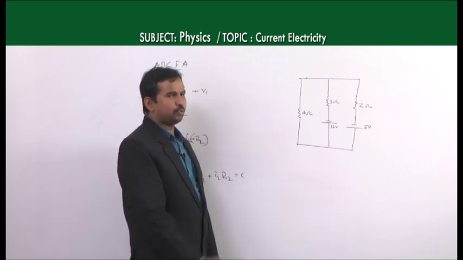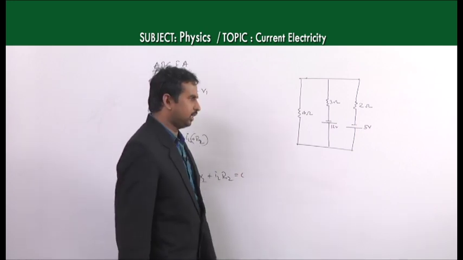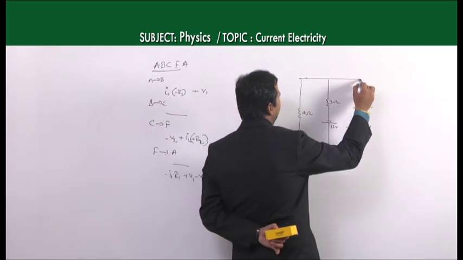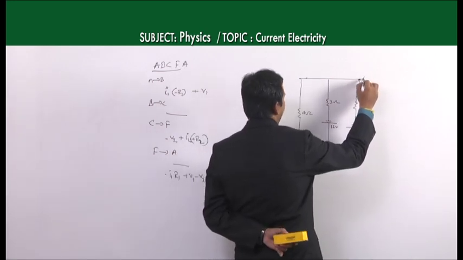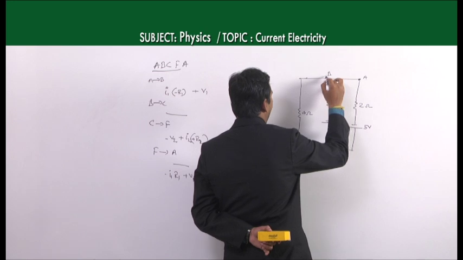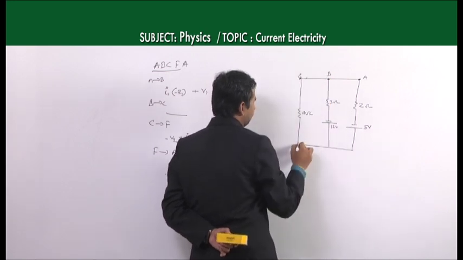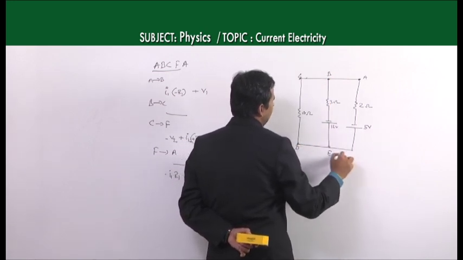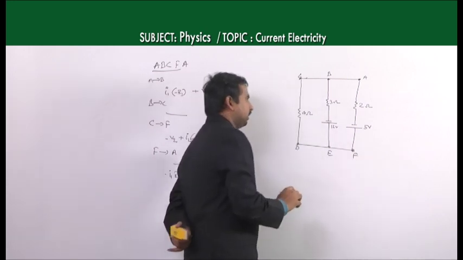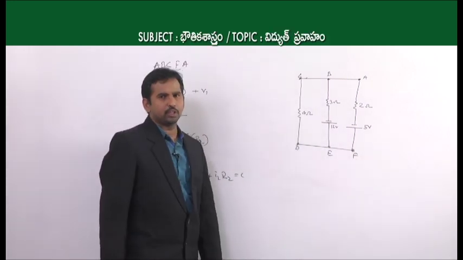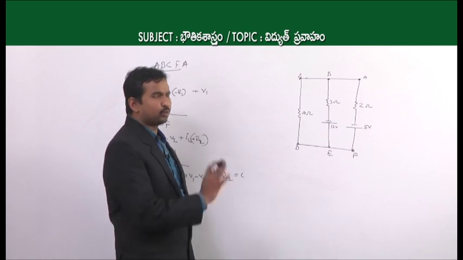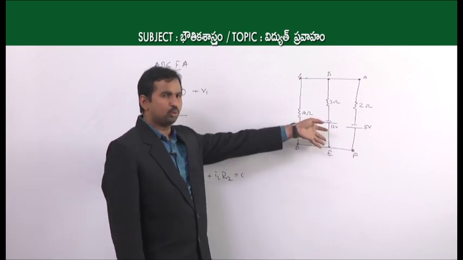Now in this case, if you want to apply Kirchhoff's law, let us take the junction points as A, B, C, D, E, and F. What we want is to find the current passing through the 12 volts battery.